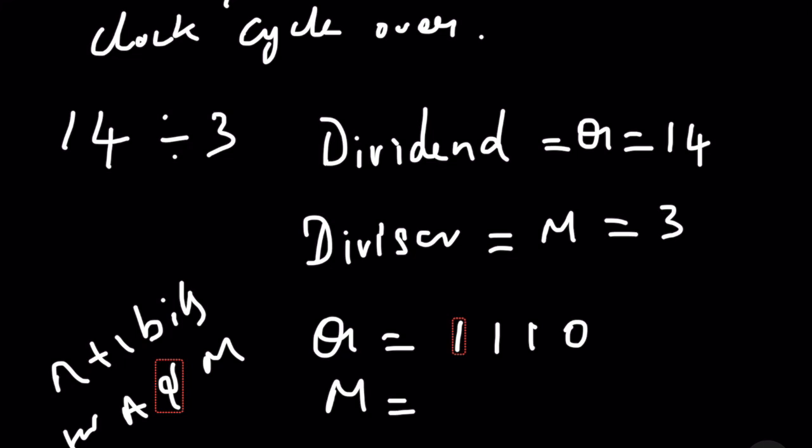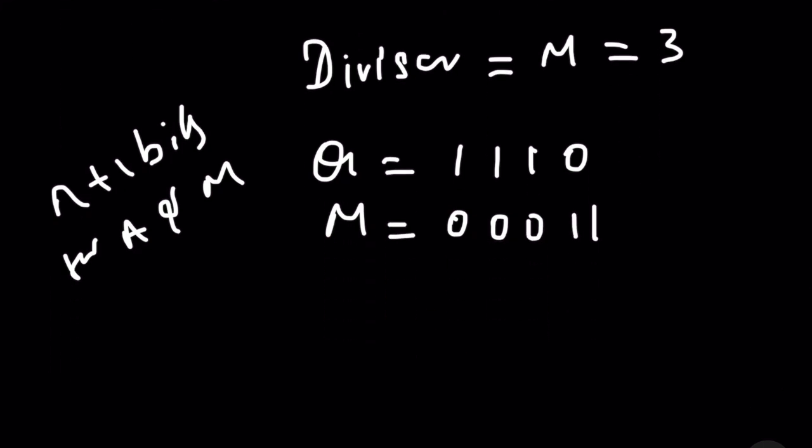So in 5 bits, 3 representation is 00011, and now similarly M dash we have to make it, because we know A minus M will be performed as A plus M dash.